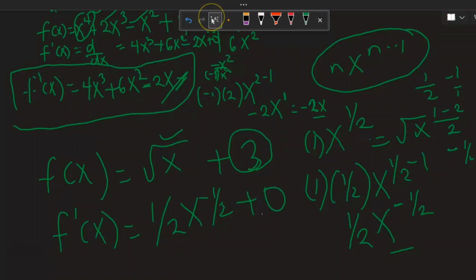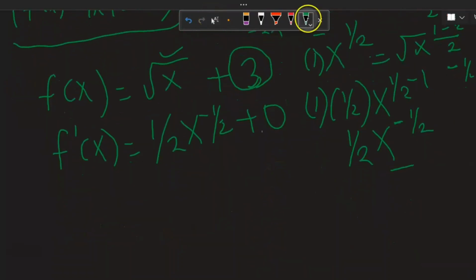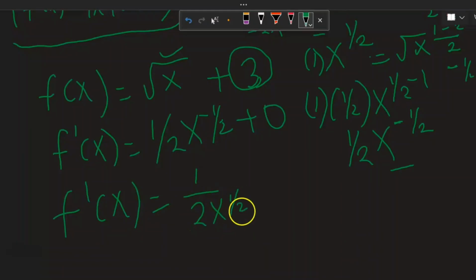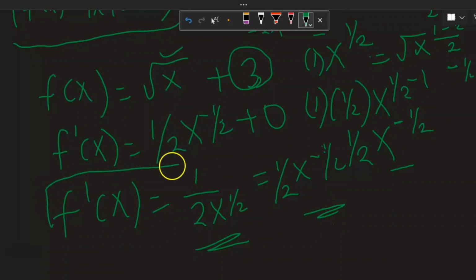So indirectly, I can write my final answer by saying f prime of x equals 1 over 2x raised to power negative 1 over 2. I can easily write my answer as this. This is the same thing as this. So this is my final answer.